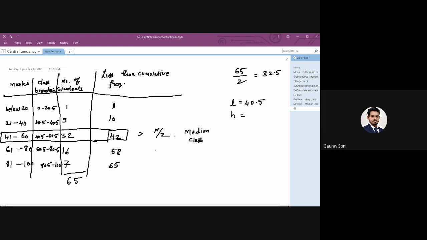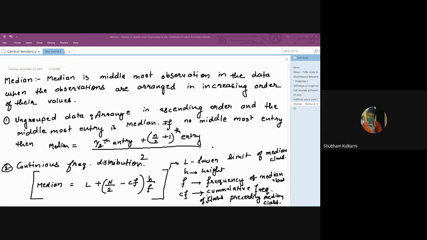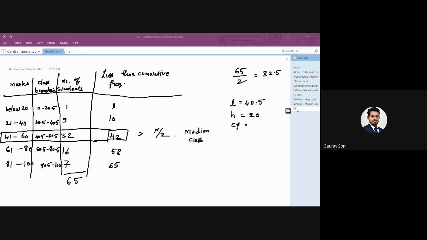What is the cumulative frequency, CF? CF is the cumulative frequency of the class preceding the median class. So CF is going to be 10.